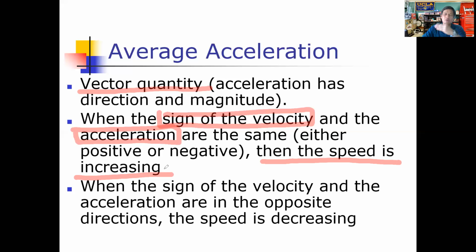Whether it's speeding up or slowing down depends on the direction of velocity as well. You have to compare the signs of both of those. That's why it's critical that you include the positive and negative signs in all of your calculations here, because if you do not, it will be very difficult to determine whether an object is speeding up or slowing down.